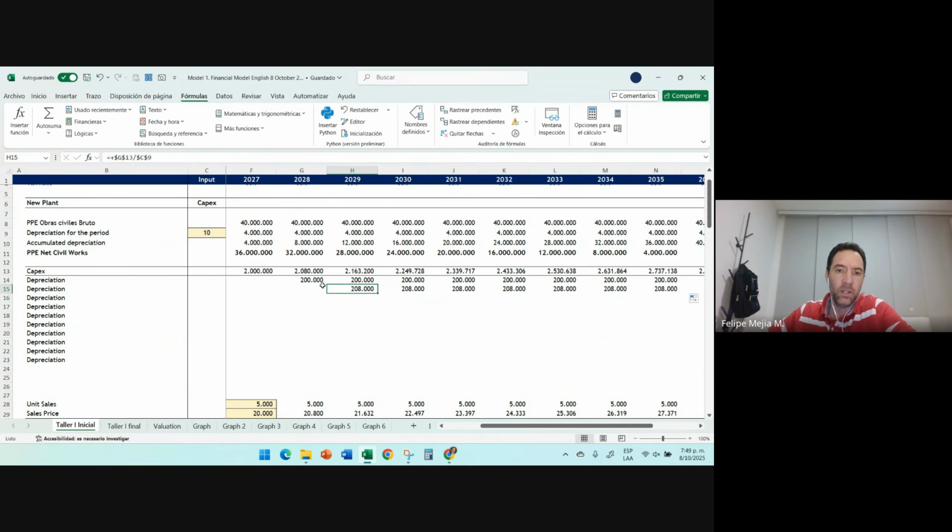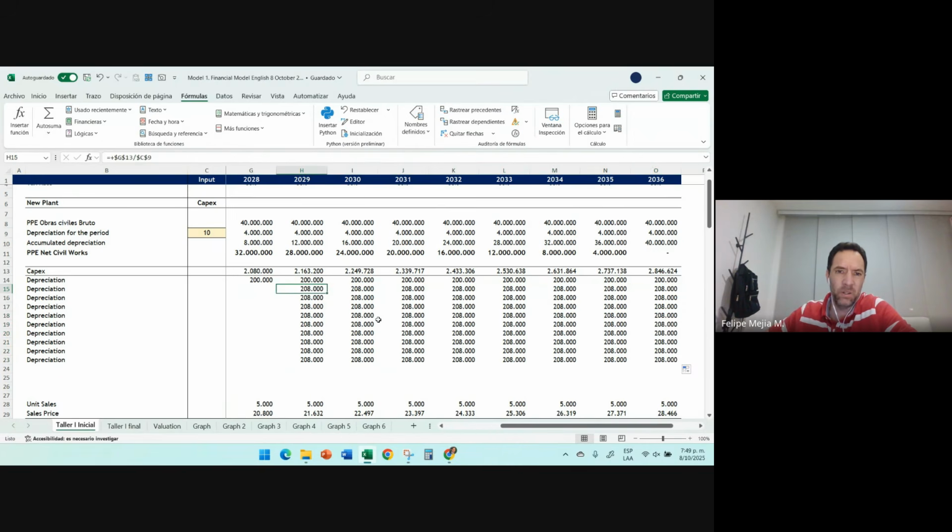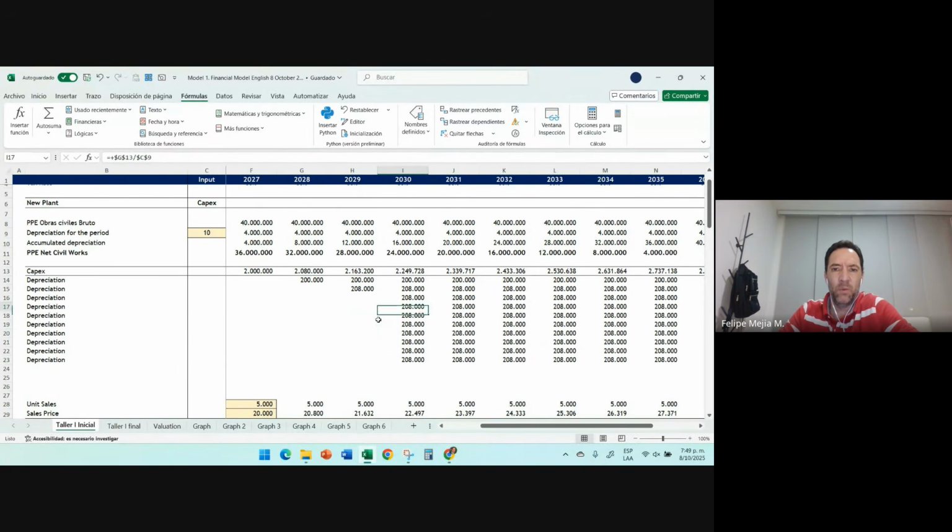We need to depreciate each one. We do have an Excel file that does this automatically. I will find it and send it to you, because it takes a lot of time to do this manually. So I'll try to do it as fast as I can, so it doesn't stop the class from moving forward.